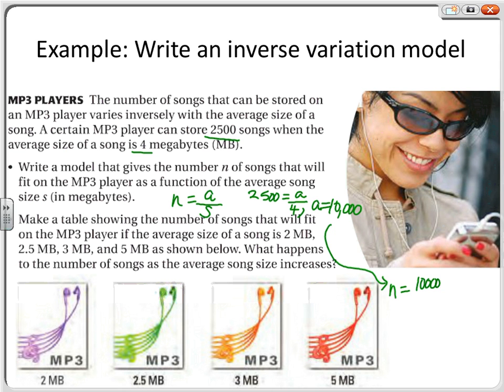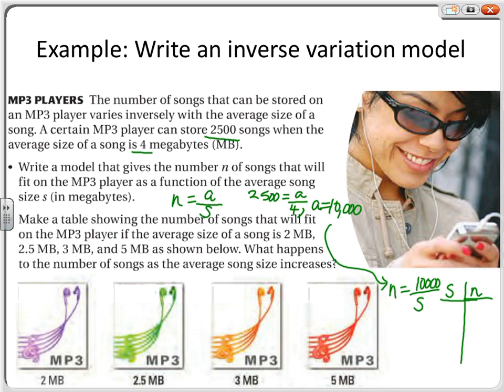Next one, it wants me to make a table showing the number of songs that will fit on the MP3 player if the average size of a song is 2 megabytes, 2.5 megabytes, 3 megabytes, and 5 megabytes. Instead of x and y here, we want s and n.